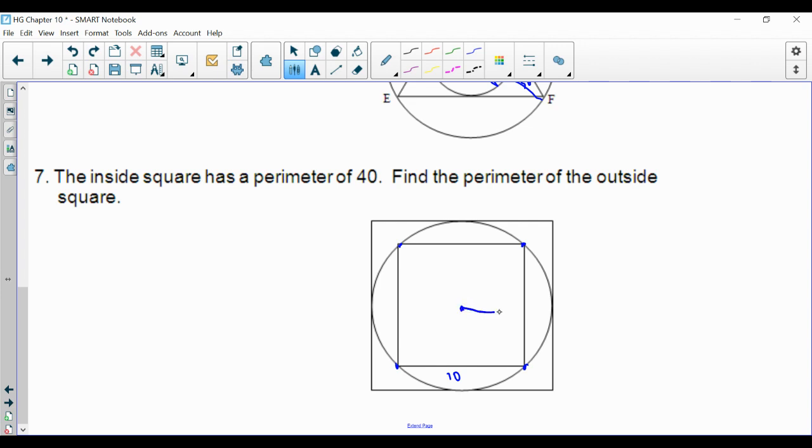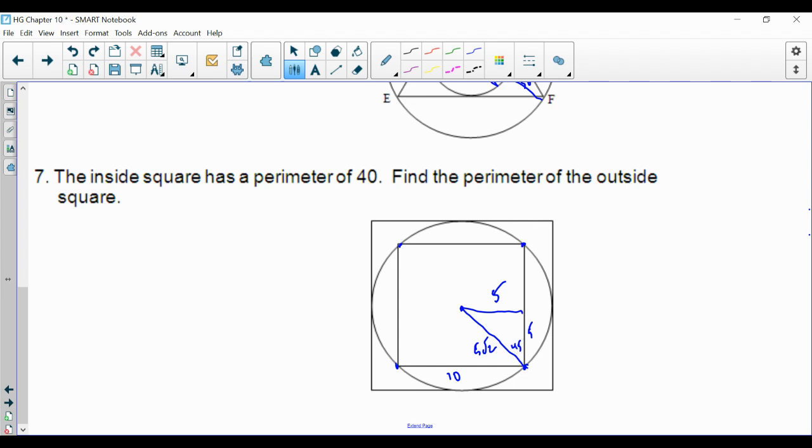And the reason why going to the center is nice is because we know this is 5. And then if we draw in the diagonal, this is now the radius of the circle. Because it's going from the center to the edge of the circle, so that is the radius. And really nice thing is it splits this 90 degree in half. So we have a 45, 45, 90. So it's 5, 5, 5 root 2.